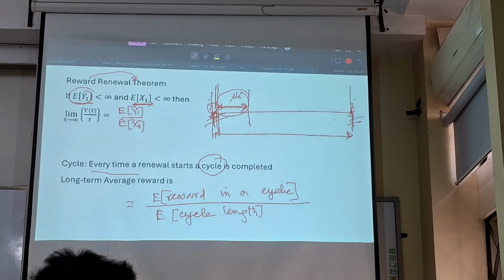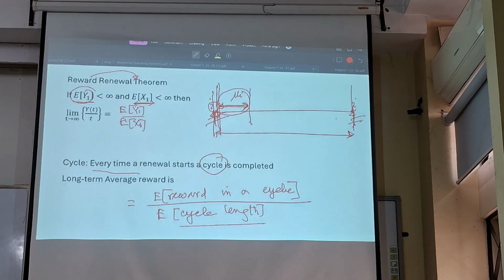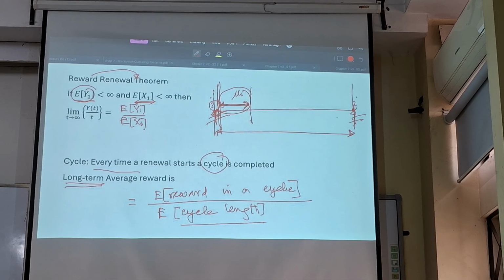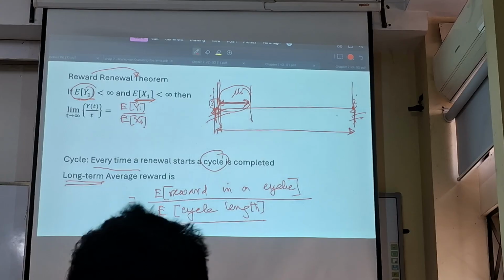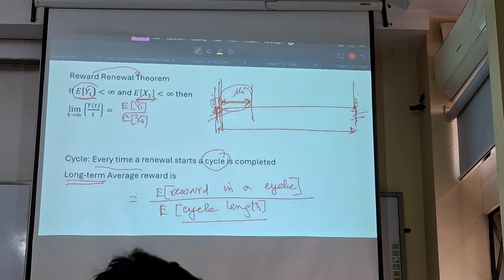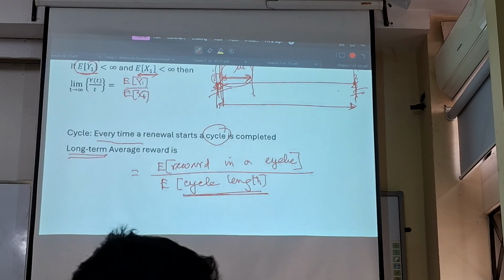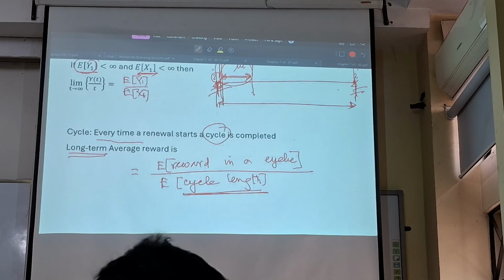Now, what is the cycle length? In the long run. Can you do it? What is the cycle length? Okay. What is the reward?